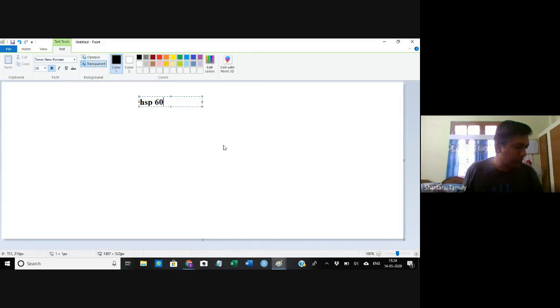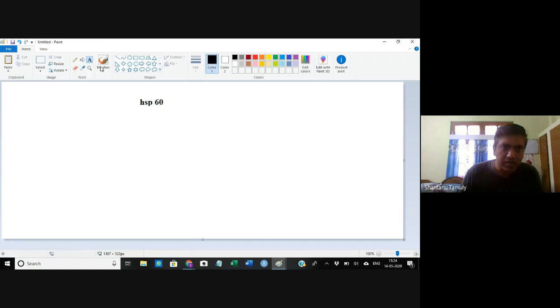So HSP 60 will come into play once the proteins are misfolded inside the endoplasmic reticulum. How does HSP 60 look?